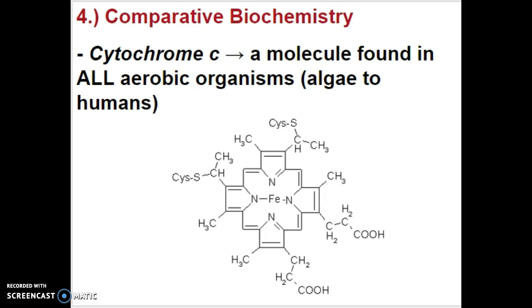Nowadays, with the advent of technology, we can actually look at the biochemistry between different lines of descent and compare the DNA found in each line of descent.